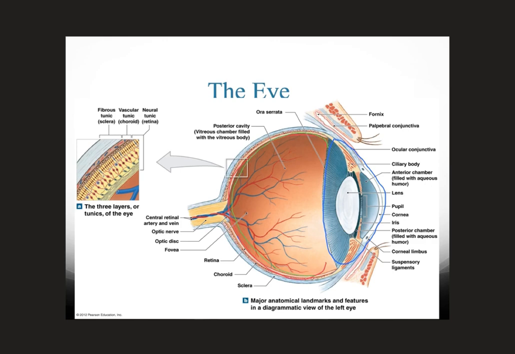Now the anterior cavity is filled with a liquid that's called aqueous humor. And the posterior cavity is filled with a liquid that's called vitreous body. Now the vitreous body is more viscous than the aqueous humor, so it's thicker.